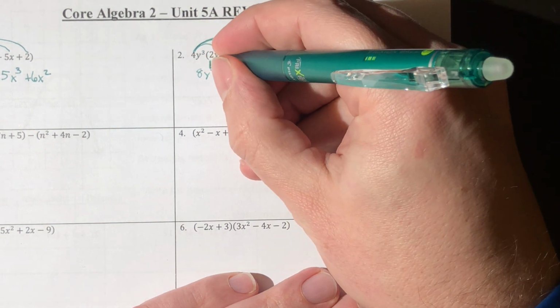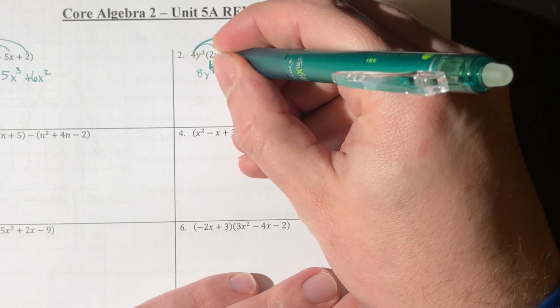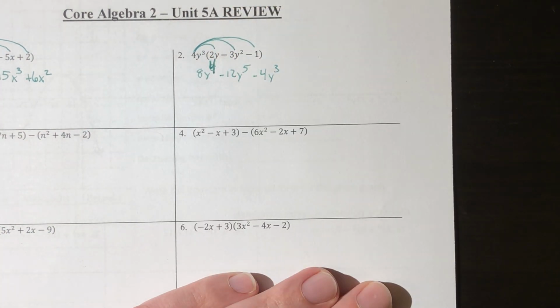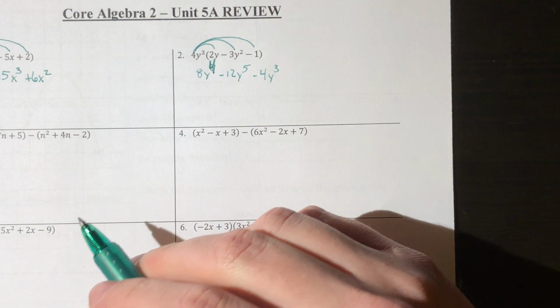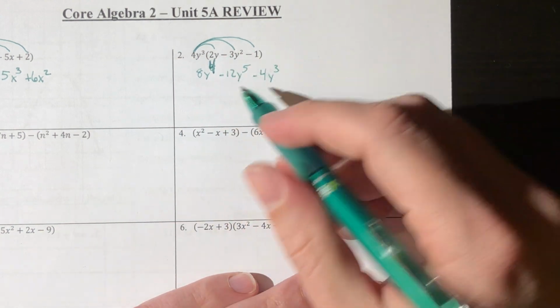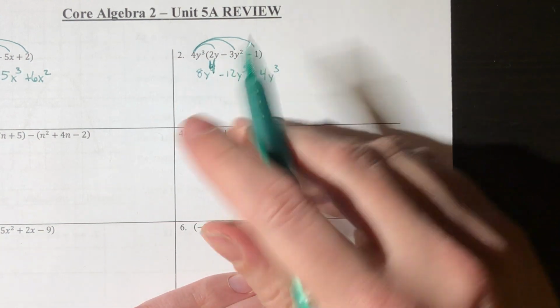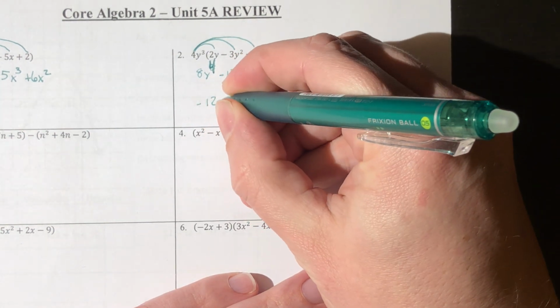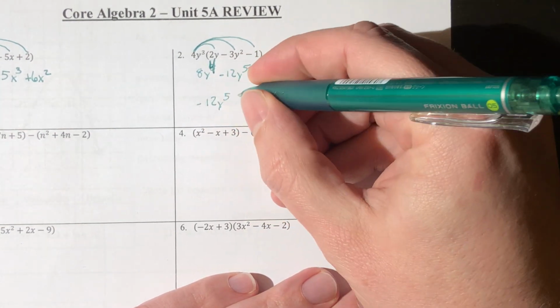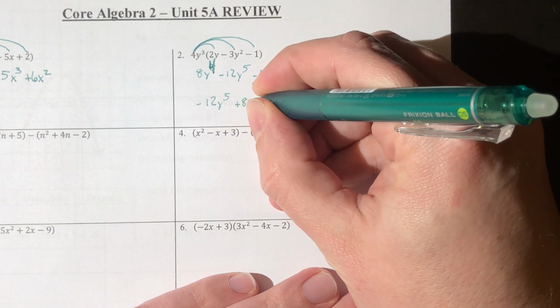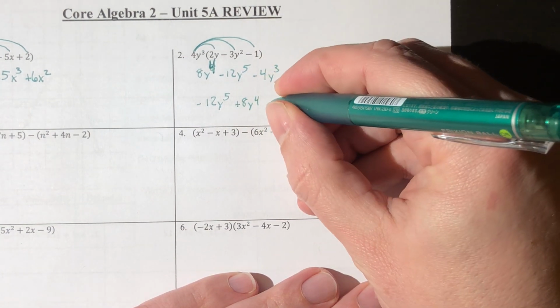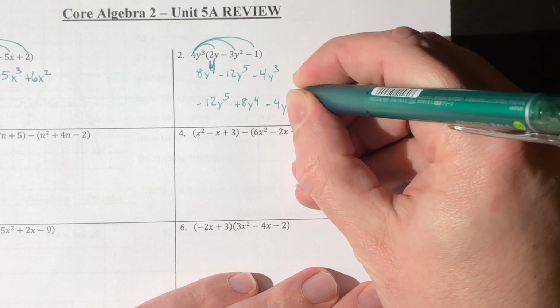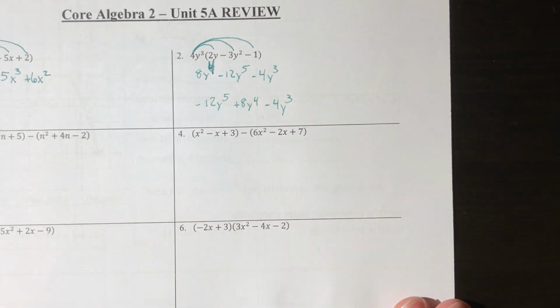Sorry, this should be 8y to a power of 4. Because when I multiply those, I got to add those exponents. And then I can rearrange this to go from highest exponent down to lowest. So it'd be negative 12y to a power of 5 plus 8y to a power of 4 minus 4y cubed.